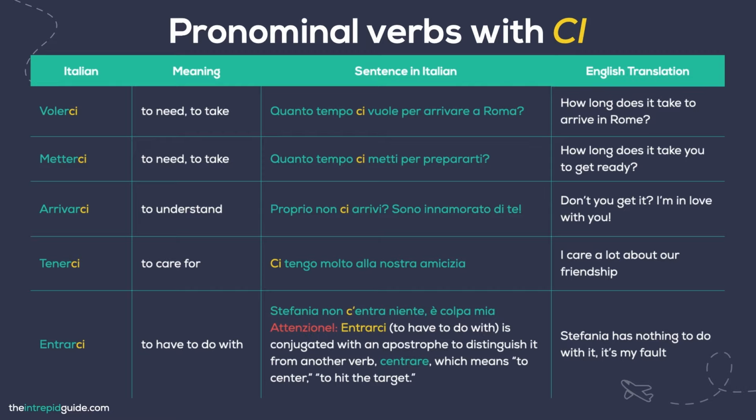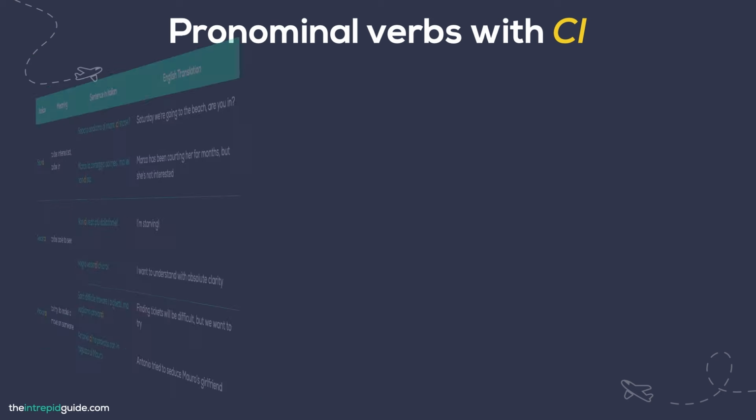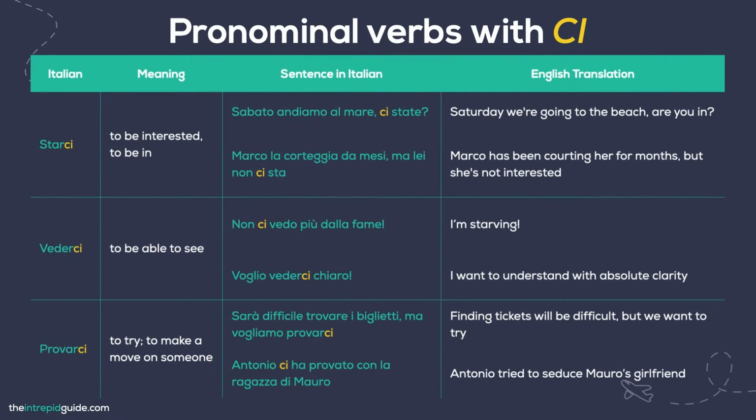Attenzione! Entrarci, to have to do with, is conjugated with an apostrophe to distinguish it from another verb, centrare, which means to center or to hit the target. Another verb is starci. This means to be interested or to be in.